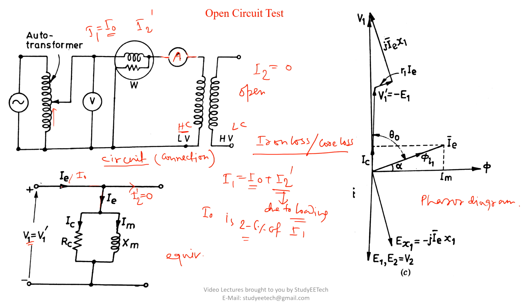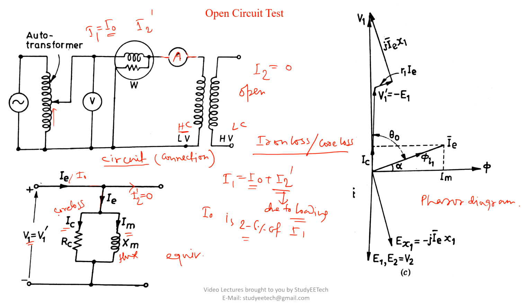So basically the transformer is drawing the input current that is used for two purposes. One is to satisfy the core loss, and this is for the flux. So the current is used for two purposes during this test.